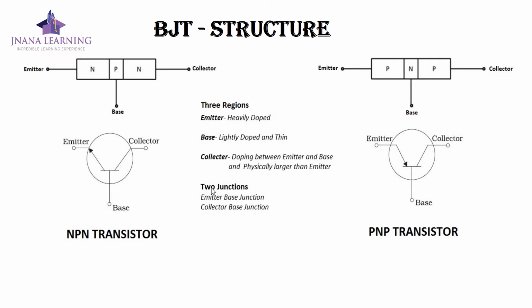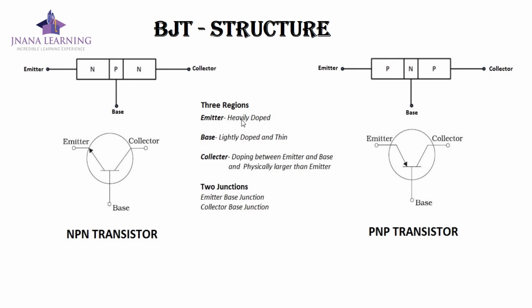Now the 2 junctions in the PNP transistor and NPN transistor. The 2 junctions are the emitter base junction and the collector base junction. The emitter base junction is also known simply as the emitter junction, and the collector base junction is known as the collector junction.